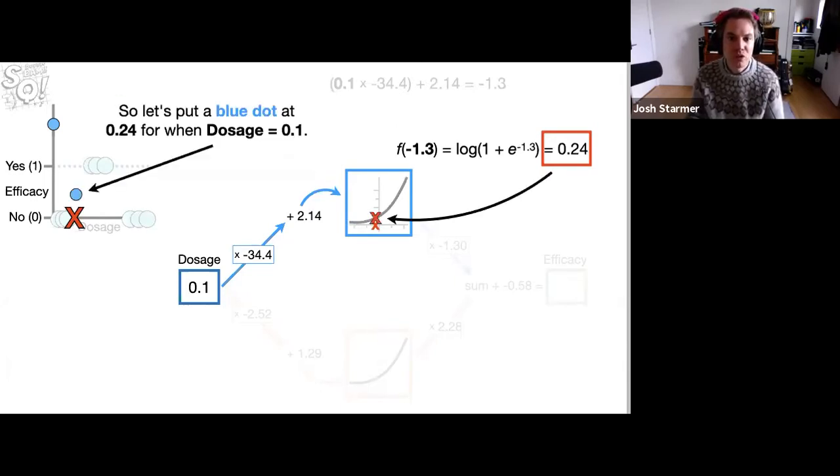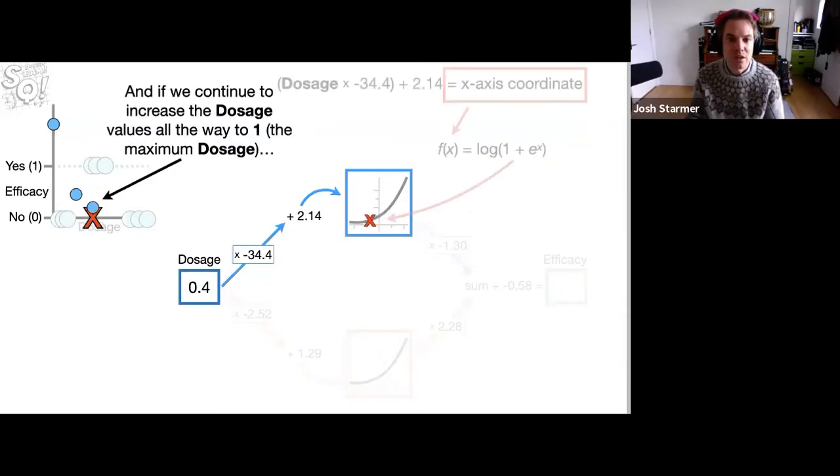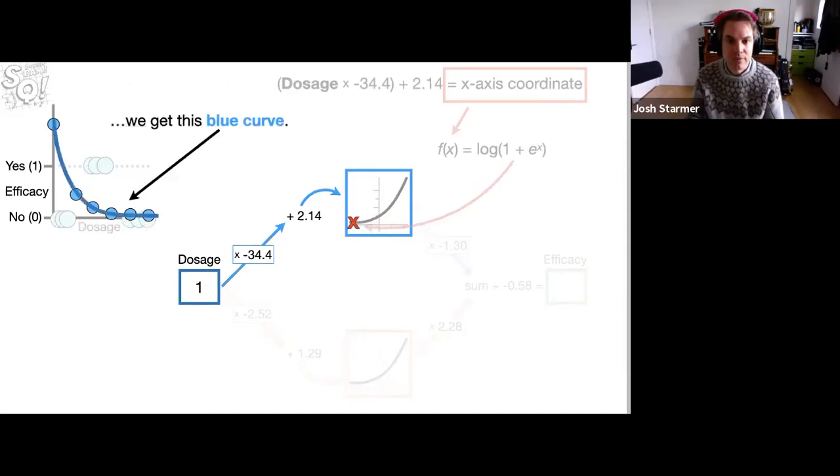So let's put a blue dot at 0.24 for when dosage equals 0.1. And if we continue to increase the dosage values all the way to 1, which is the maximum dosage, we get this blue curve.